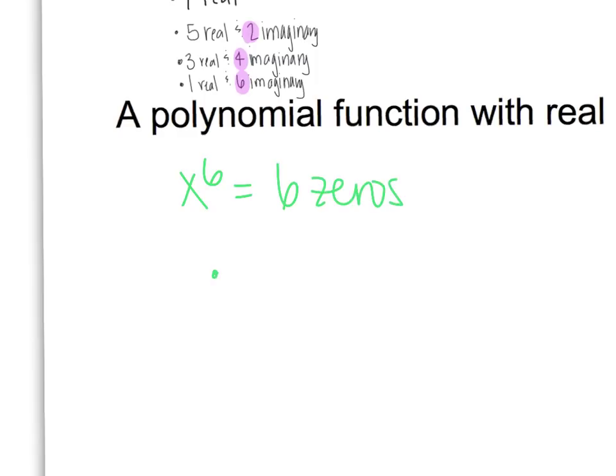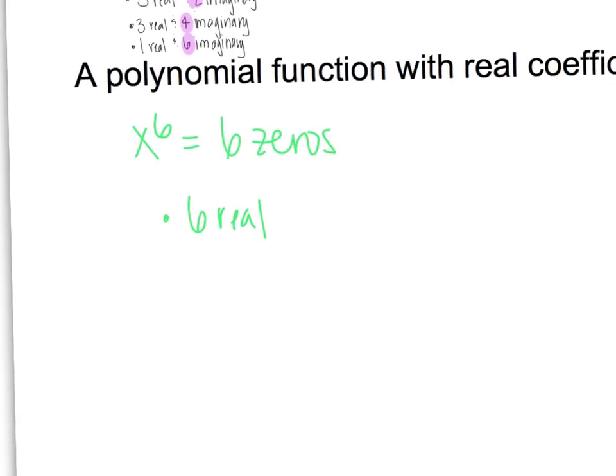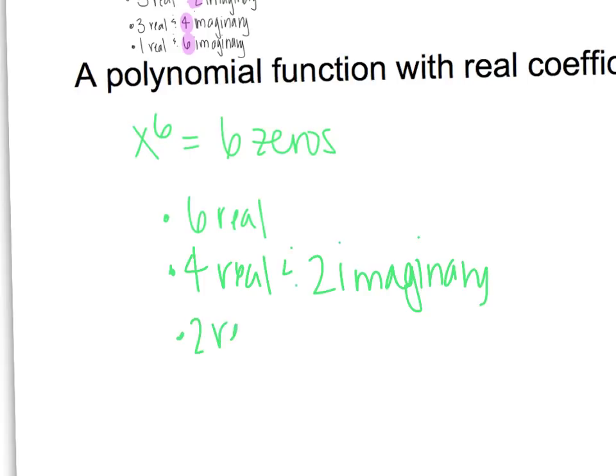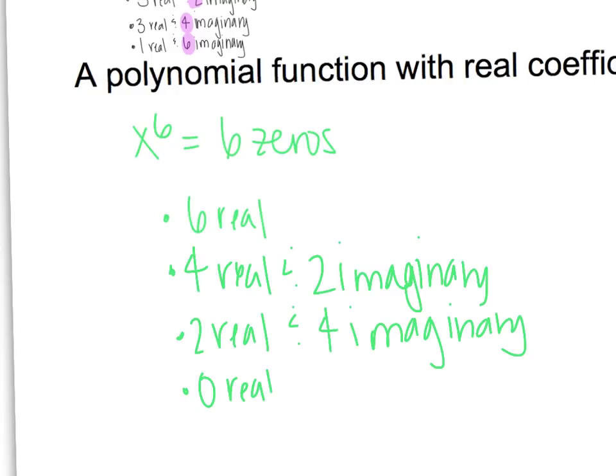They could all be real. I can't have 5 real and 1 imaginary because it doesn't work. I can have 4 real and 2 imaginary. Or I can have 2 real and 4 imaginary. It just has to add up to 6 every time. Or my final option is 0 real and 6 imaginary.